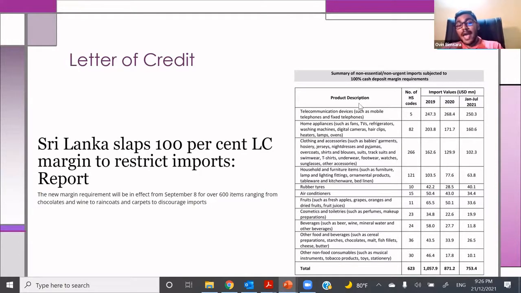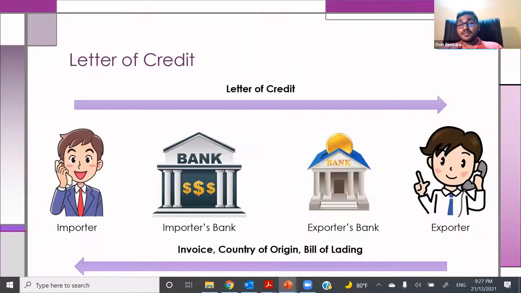This is being applied to 600 non-essential items such as chocolates, wines, raincoats, carpets, and so on. There are 600 items which are not essential. You need to pay the 100% value, and only then can you get a letter of credit from the bank. So this will obviously restrict the imports, because if the person has the 100% money, he does not require a letter of credit.